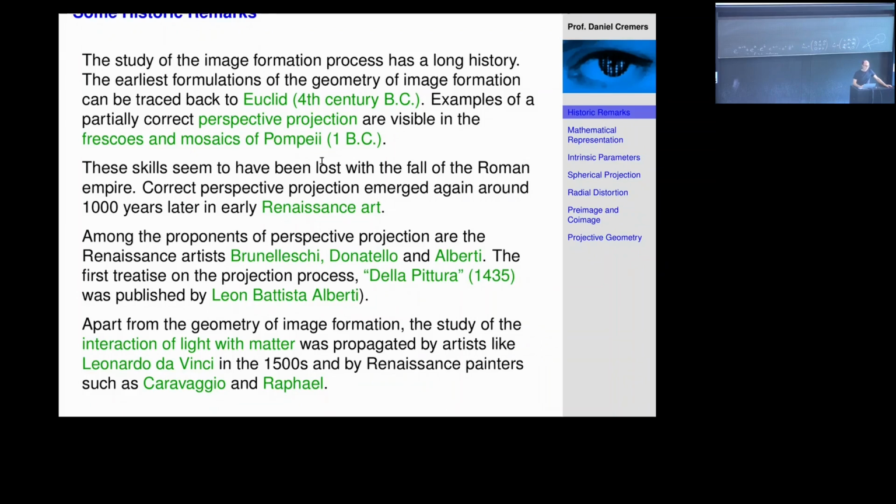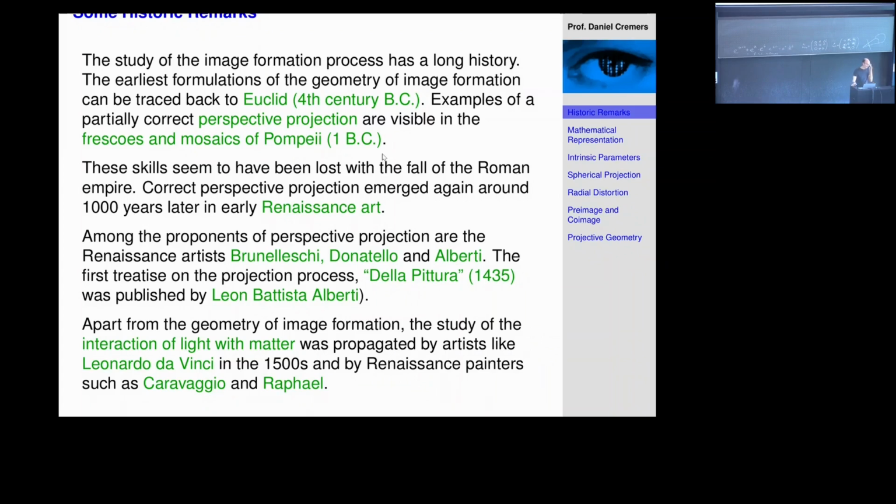And you can find examples of at least partially correct perspective projection in the frescoes and mosaics of Pompeii 100 years before Christ. So that's at least how old perspective projection is.